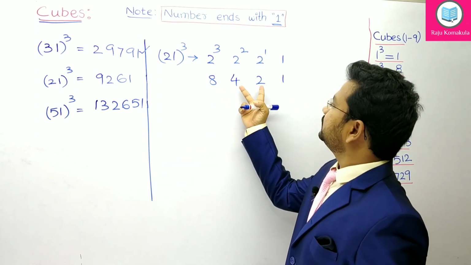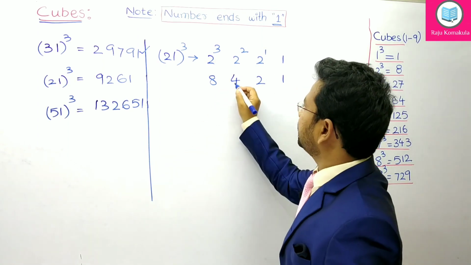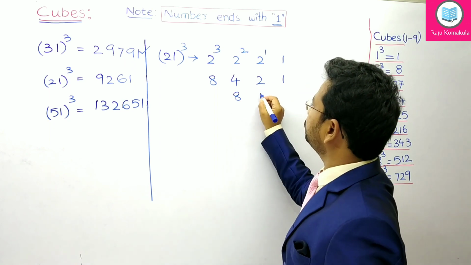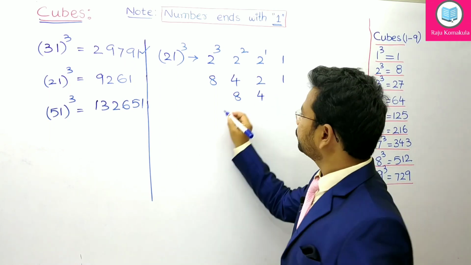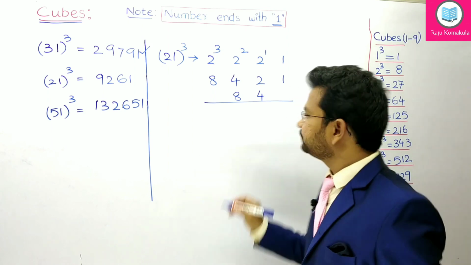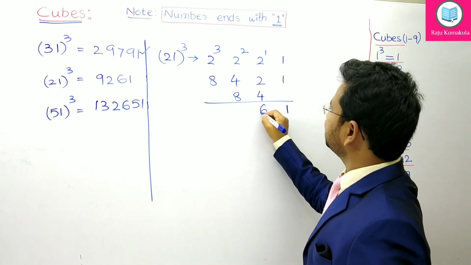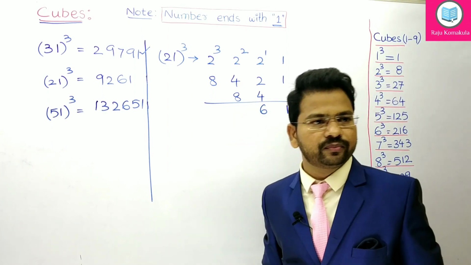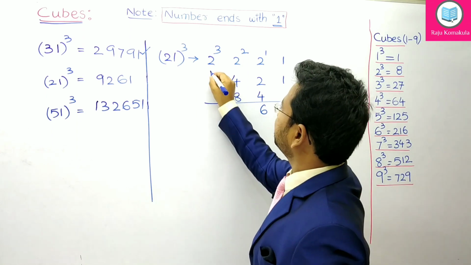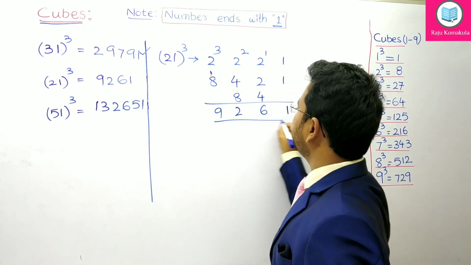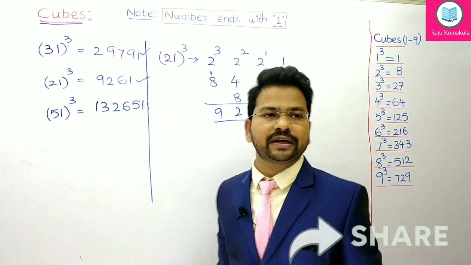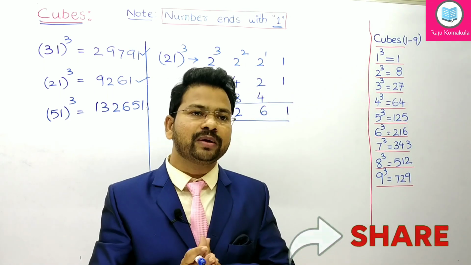Now double these two digits. Double of 4 is 8. Double of 2 is 4. Just add them: 8 plus 4 is 12. Take the carry, that is 9, 2, 6, 1. So this is the way you can get cube numbers very easily.